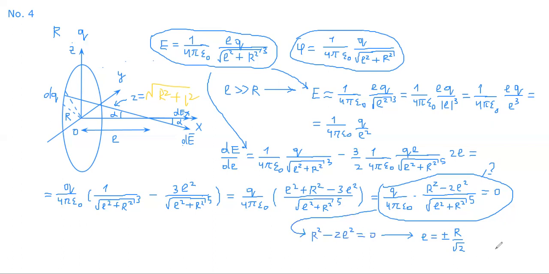But L is a distance, so it cannot be negative. So we have to leave only the positive value of the root. So this is the root of the equation.